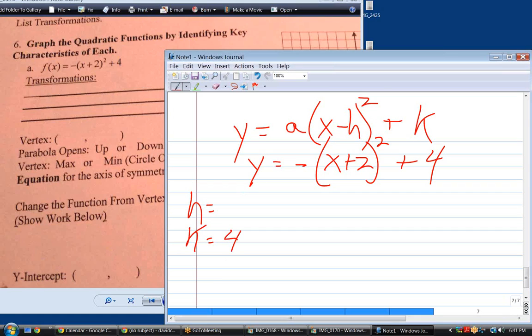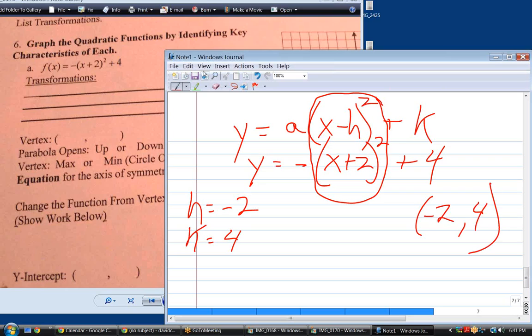Would that be 4 as well? Match those two up. What's h? It's negative 2. In other words, the only way I can end up with x plus 2 is if I start with x minus a minus 2. So h has to be minus 2 for me to end up with x plus 2. So h is minus 2. My vertex is minus 2 comma 4.